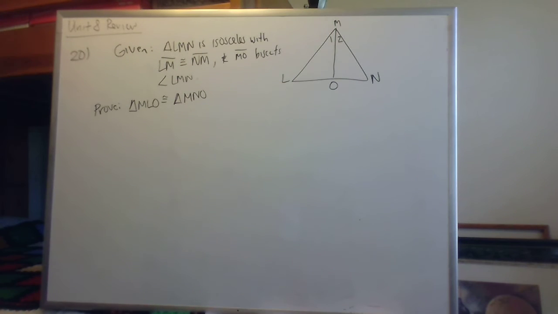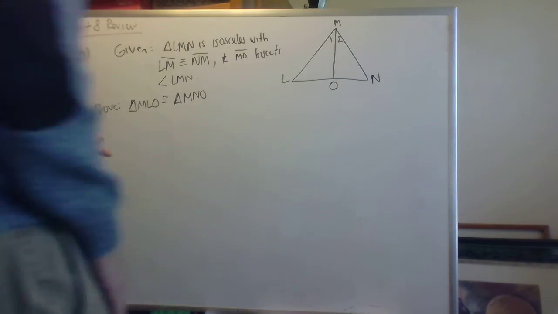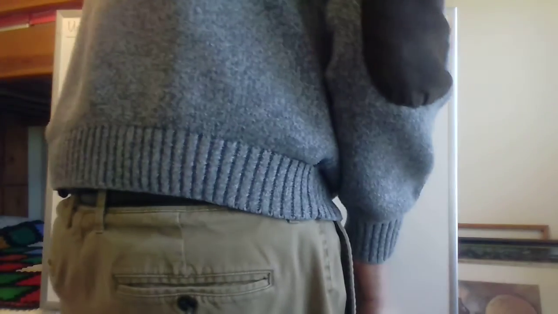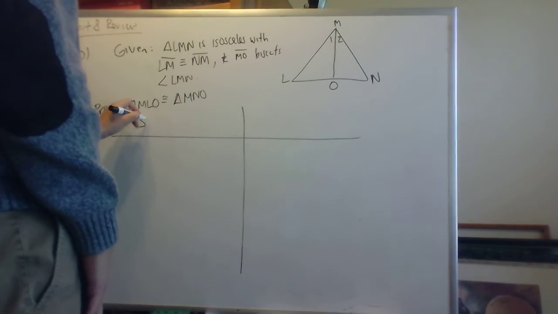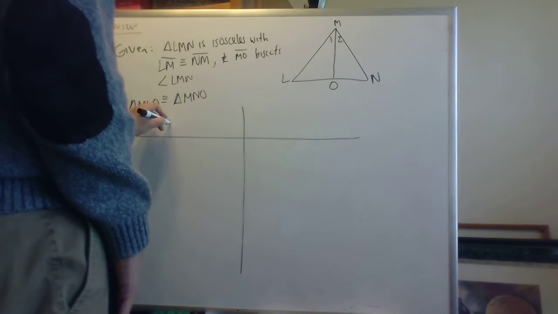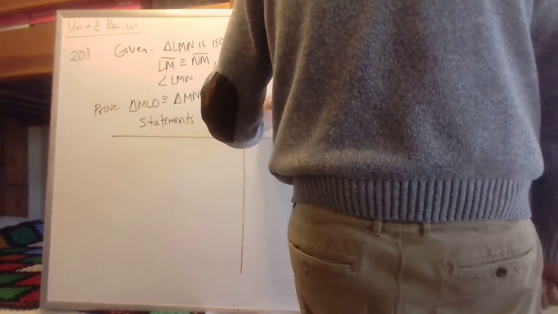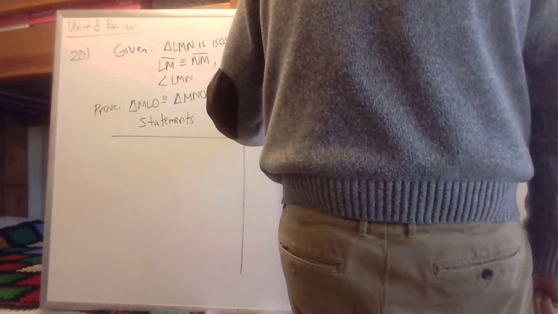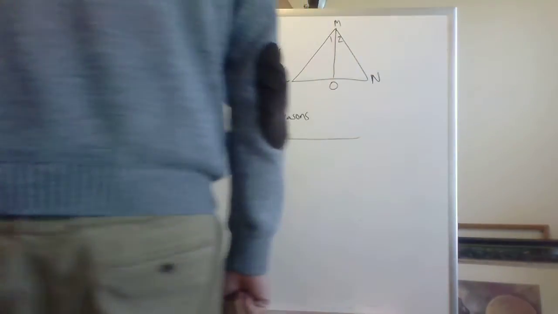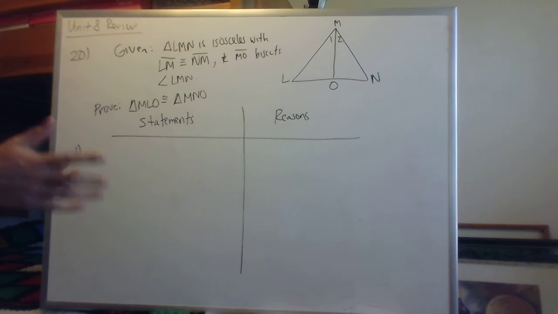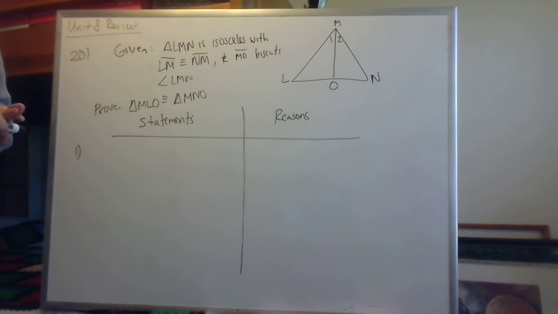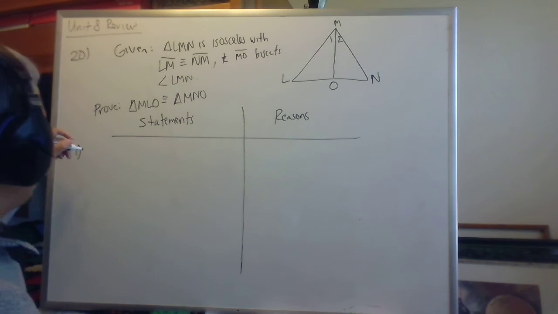And then the way that we write this down, as I've told you before, a two-column proof, we're going to basically have two columns, and we're going to have statements right here, and then we're going to have reasons. So the first thing we always do, as we've discussed in the last unit, as well as this unit, we always want to write down what is given.